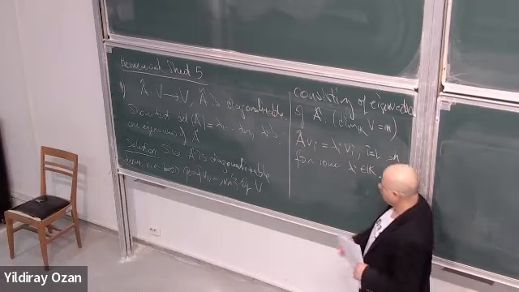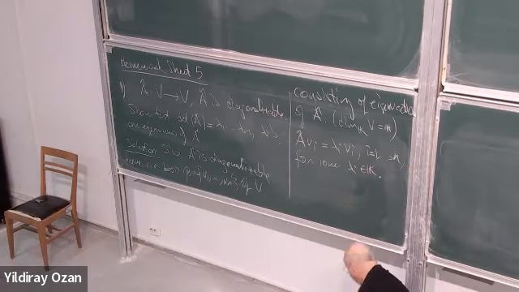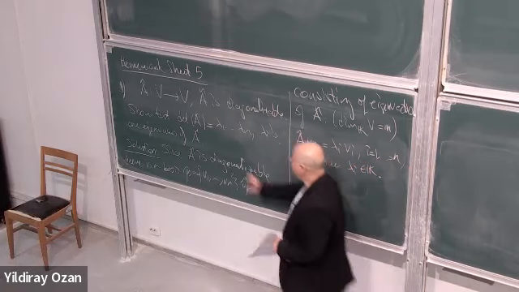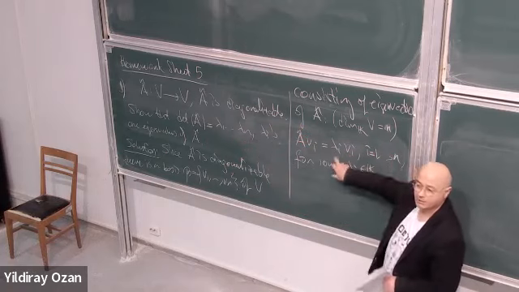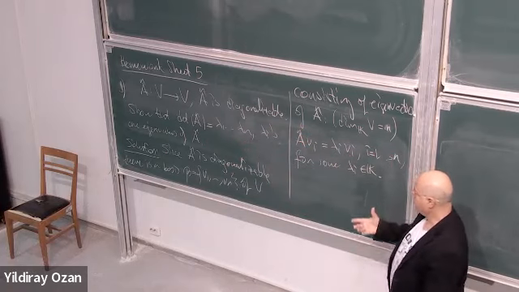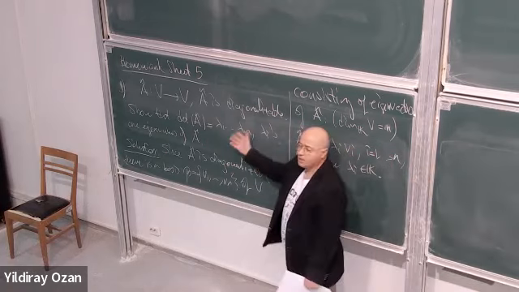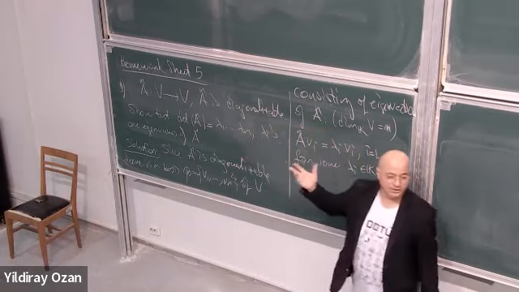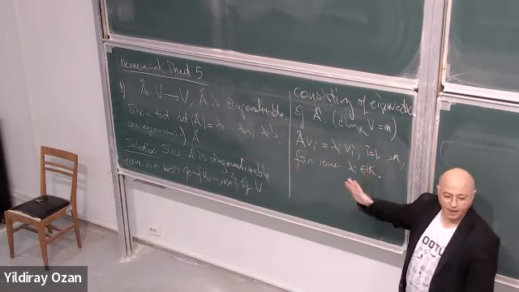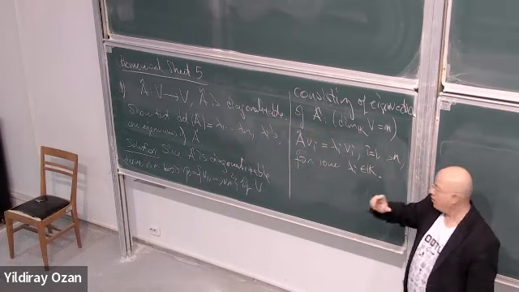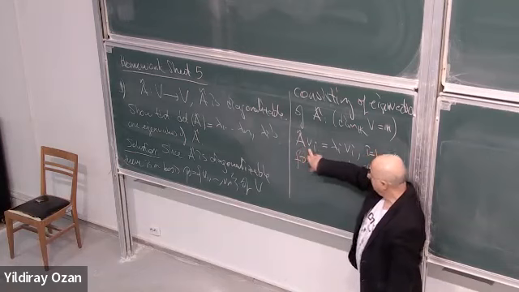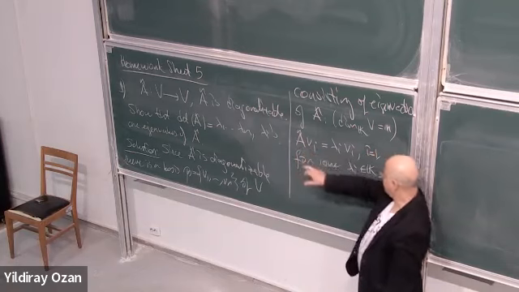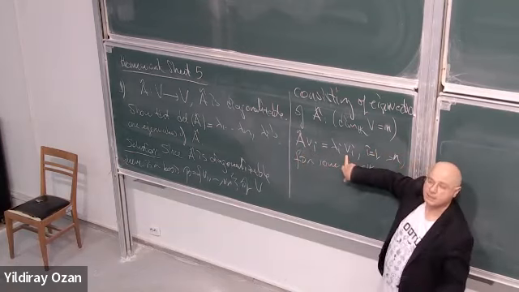And we are asked to show that in this case, the determinant of A is just the product of these lambdas. Here I don't claim, for example, these lambdas are different. Maybe some of them are the same. I have n eigenvectors, and eigenvector means that if A hits it, you get a multiple of that.